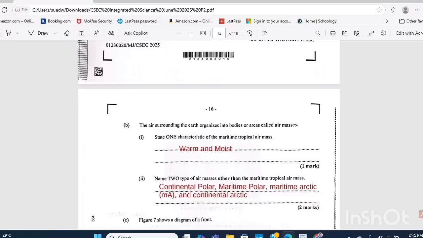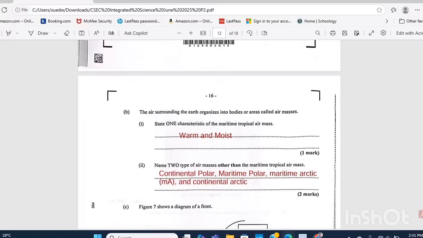Part 2 says name 2 types of air masses other than the maritime tropical air mass. It's been a long time I haven't seen these on papers. So, guys, I guess that maybe they're taking some questions from the back of the paper. You have the continental polar, maritime polar, the maritime Arctic, and the continental Arctic.